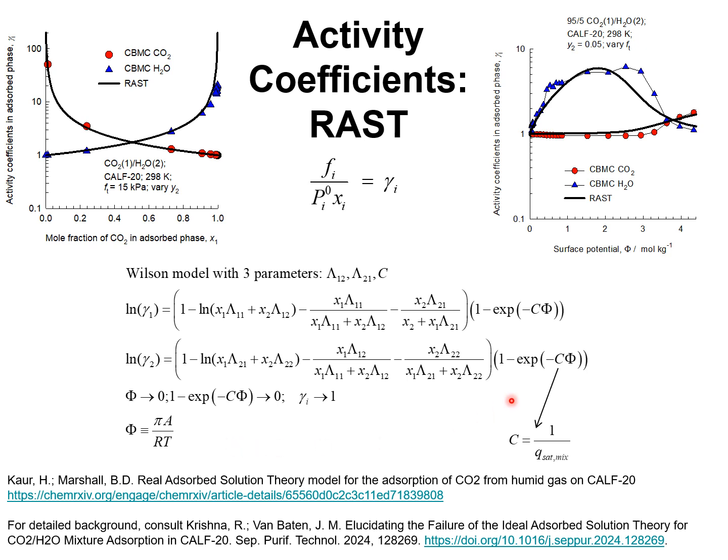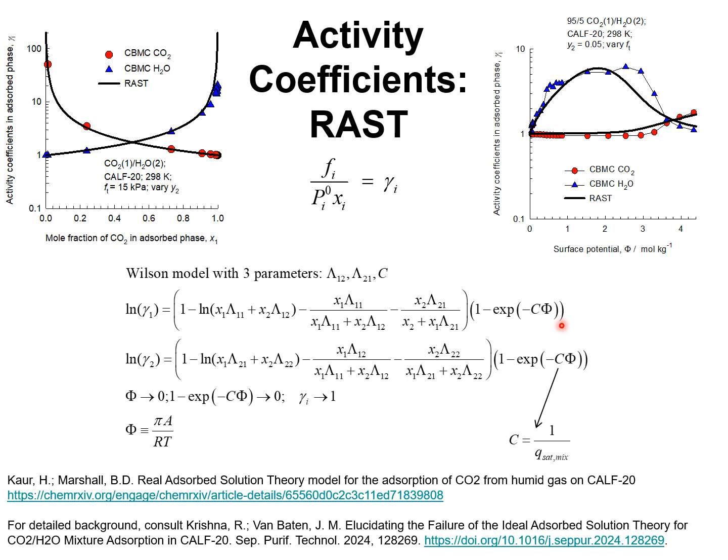The models for the activity coefficients must include a correction factor that is shown here, which is 1 minus exponential of a constant value C times the surface potential phi. This factor is representative of the pore occupancies.